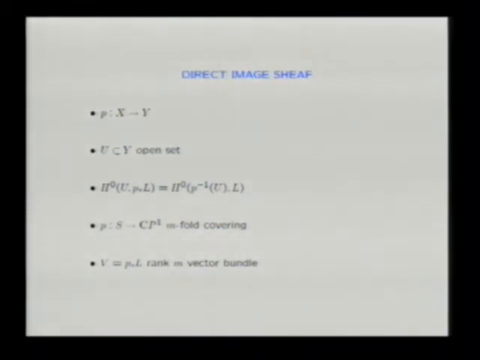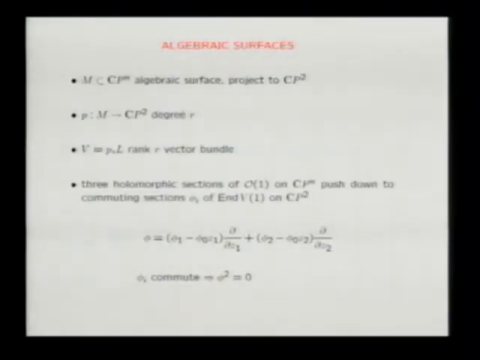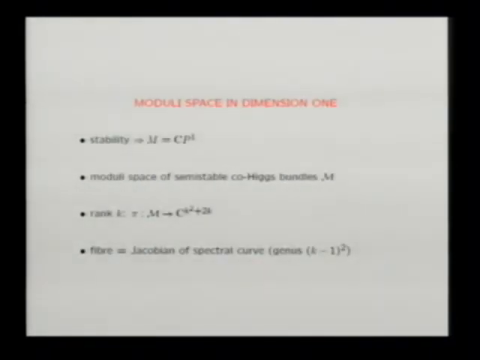You can do it also on algebraic surfaces. And so, in fact, on the projective plane, you can also get examples more or less in the same fashion by pushing down line bundles on some finite covering of the projective plane. So I don't want to go into too many details about that, because I want to really talk about this.